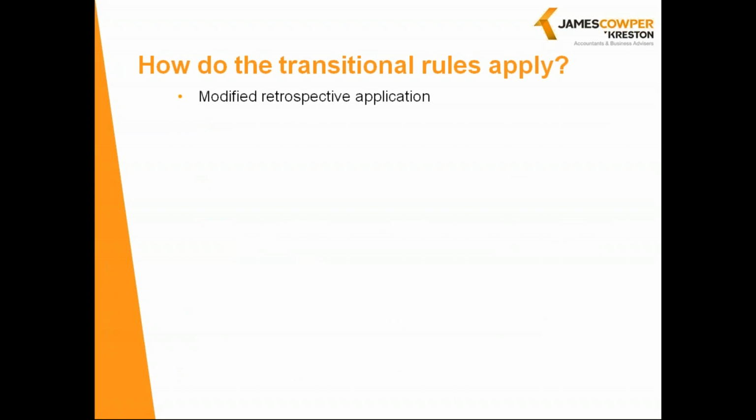The other option is the modified retrospective application. This method looks at the position at the transition date, which is the 1st of January 2019, as mentioned by Alan a few slides back. At this transition date, the right of use asset and the lease liability are calculated, and it essentially looks forward from that point.